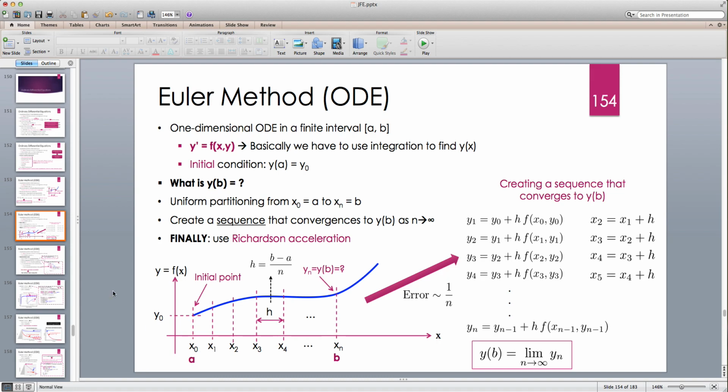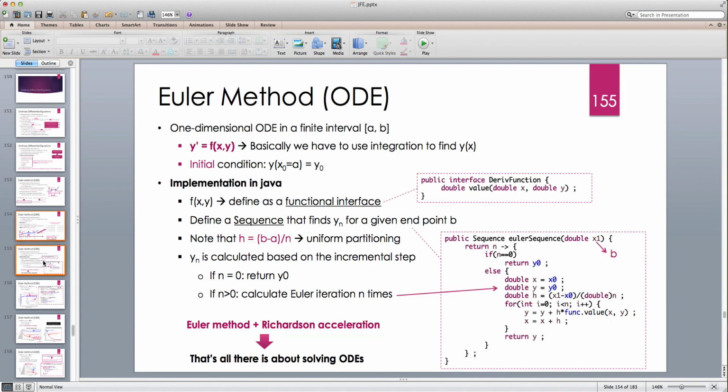So we need to have more and more subintervals. Keep that in mind. The error gets bigger as we try to find the solution for the function at points that are farther away from the initial point, x0 or a.